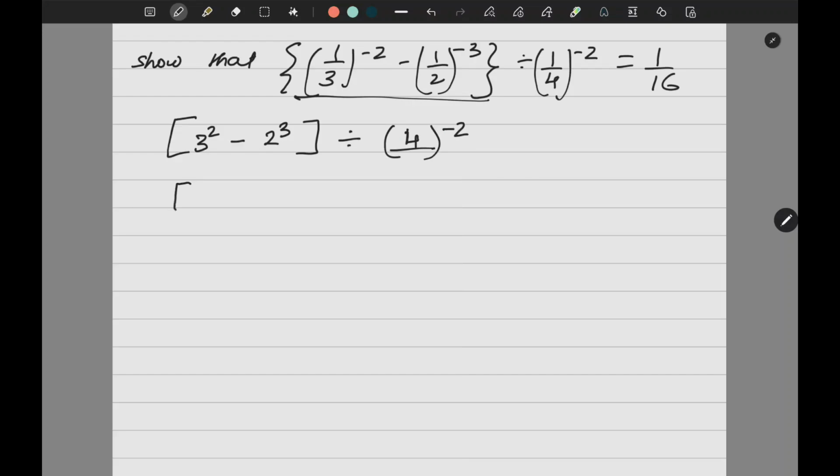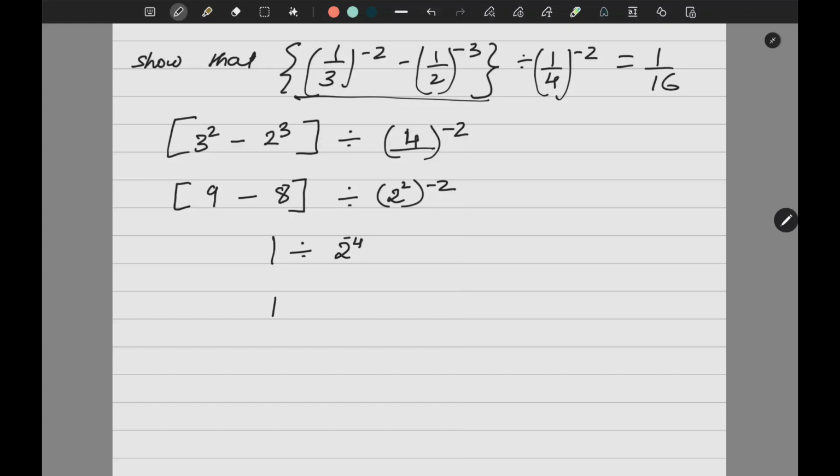Correct? Now 3 square is what? 9. Minus 2 cube is what? 8. Divided by this is 2 to the power 2. It won't help me anyways, but okay. So I'll get 9 minus 8 is 1, 1 divided by, this will become 2 to the power 4 with negative sign.